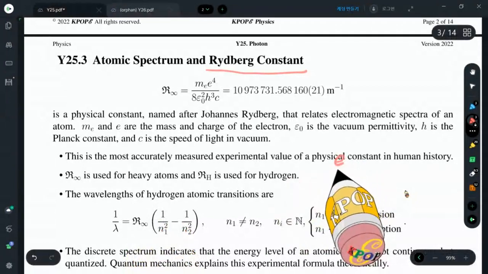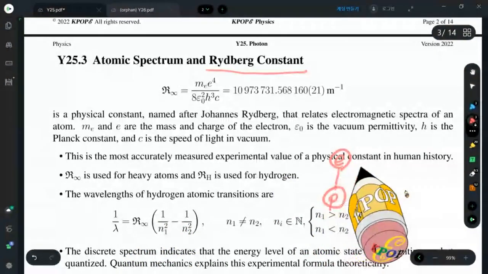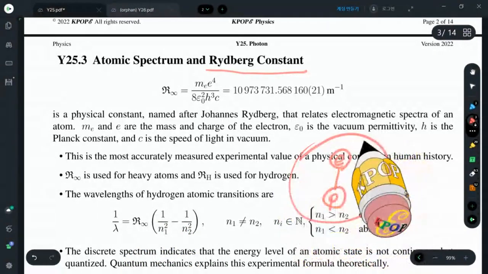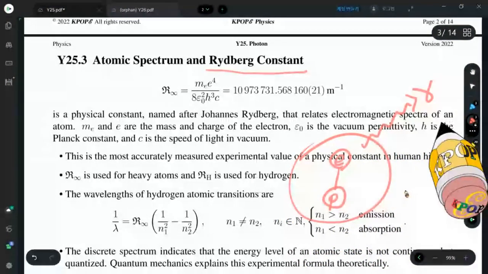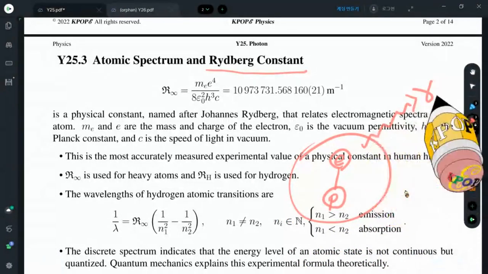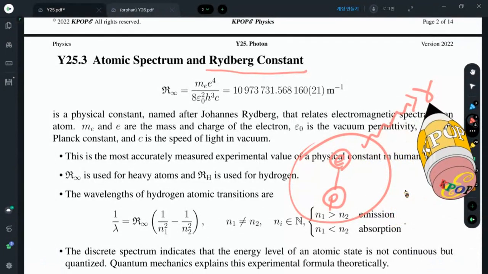The hydrogen atom is a bound state of proton and electron, and hydrogen can emit electromagnetic radiation, and its wavelength was found to be quantized.